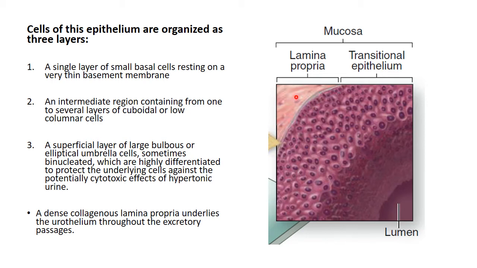Below the surface epithelium, we have a dense collagenous lamina propria throughout the excretory passages.